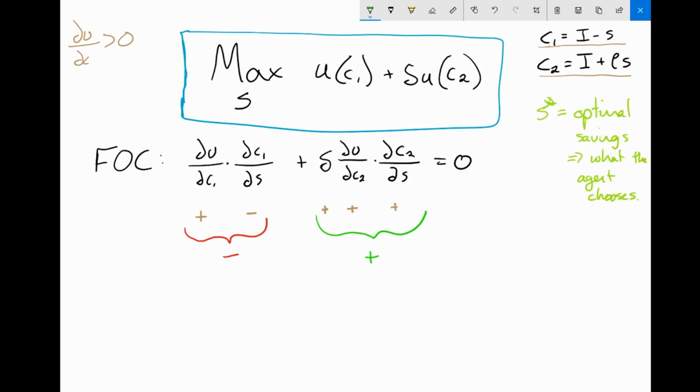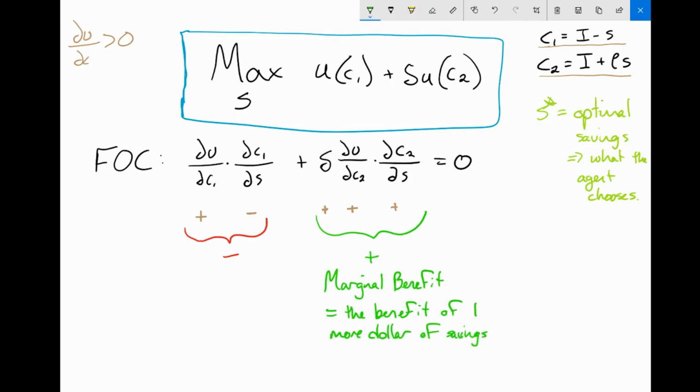This indicates to us that this is the marginal benefit, which means it is the benefit of one more dollar of savings.